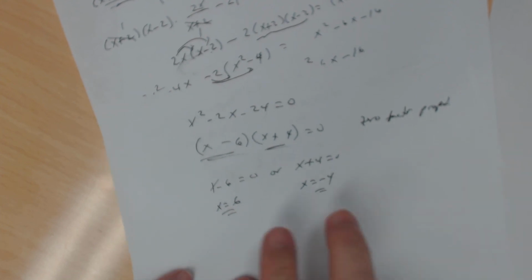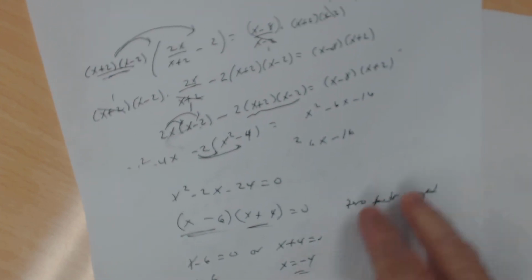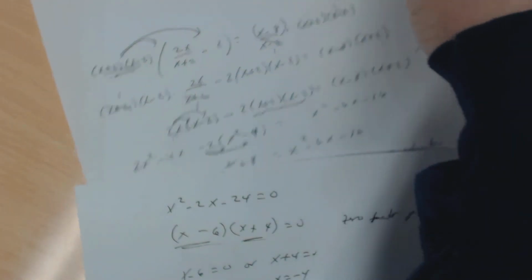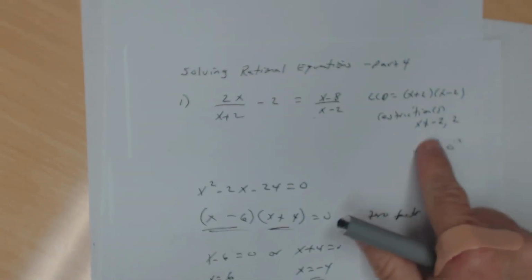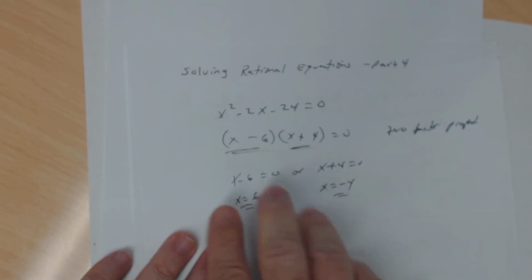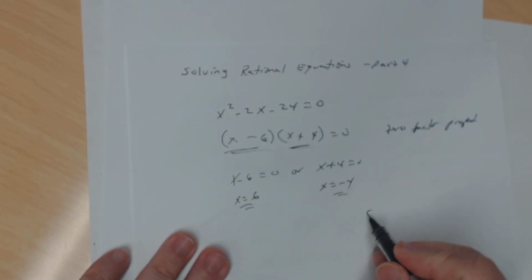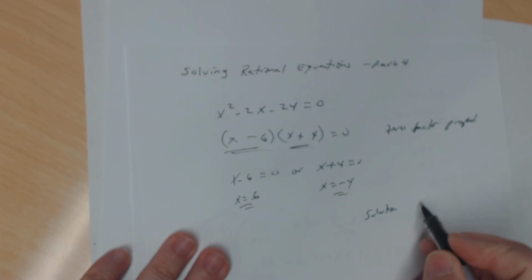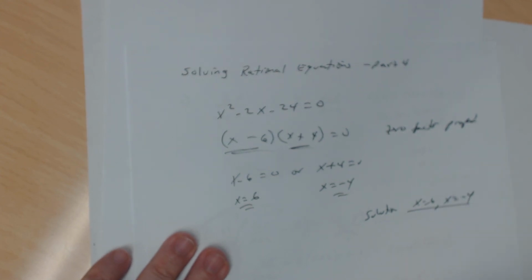Now, notice that neither one of these is your restriction. Remember, your restriction was negative 2 and 2. So neither one of those are restrictions. So assuming I did all this work correctly, your solution would be x equals 6, x equals negative 4.